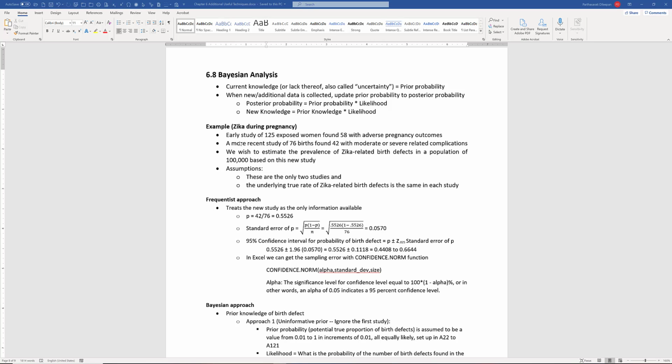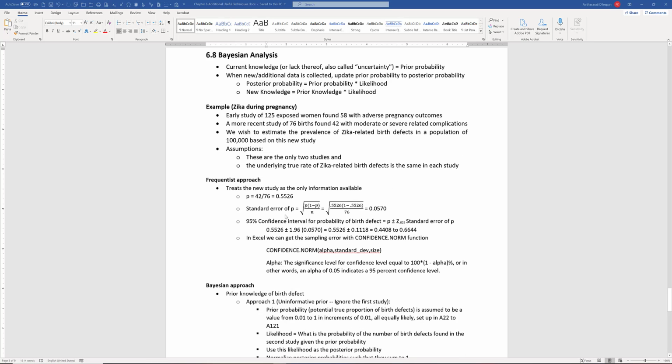The first approach is simply to ignore all of that and only look at the most recent study, and we don't even do any simulation. We just use formulas to figure out the prevalence of birth defects in this 100,000 population. So no simulation.